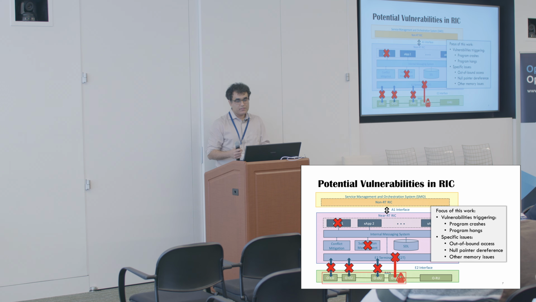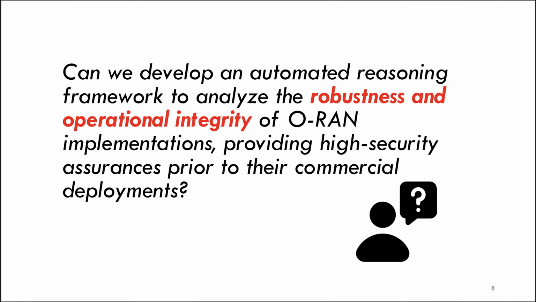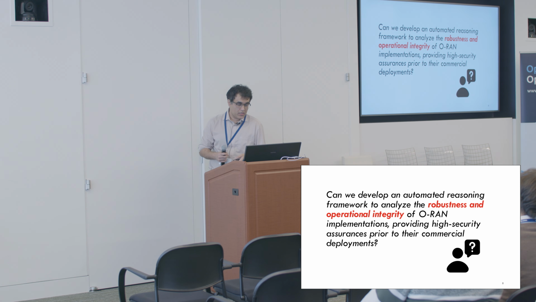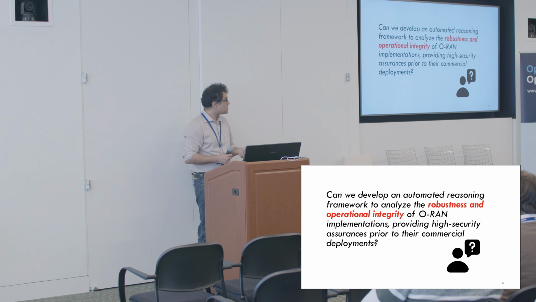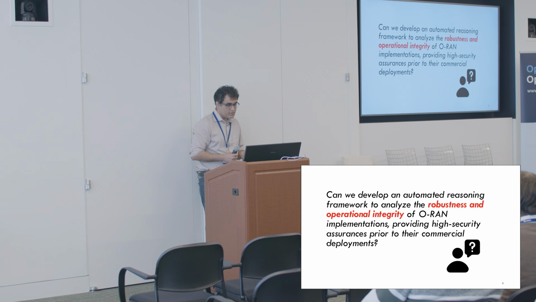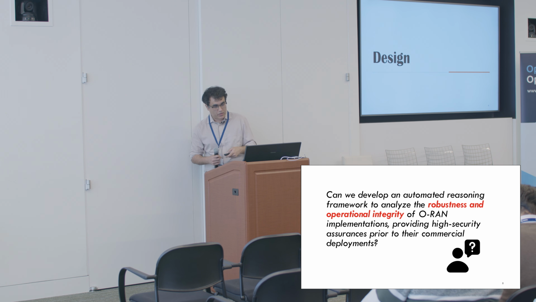These kinds of issues may also happen in the RIC or non-real-time RIC. So, the hypothesis that we want to test in this work is whether we can develop an automated testing framework to check the robustness and operational integrity of O-RAN implementations, and we would like to do this kind of testing before the components are deployed.